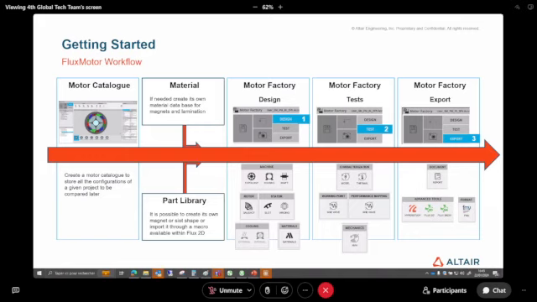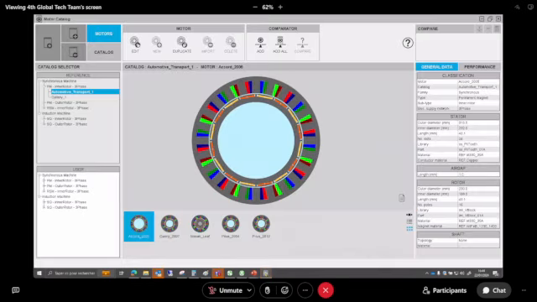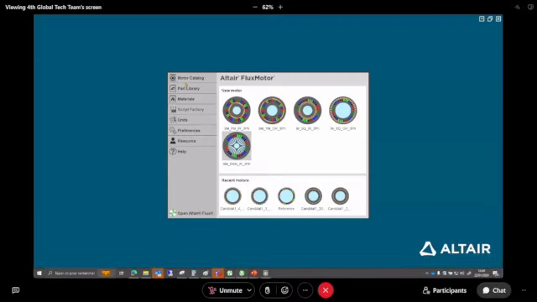Or maybe it's better to start with existing parts before going to more complex ones. Otherwise, you have to create your own material from the materials library, and your own part from the part library.